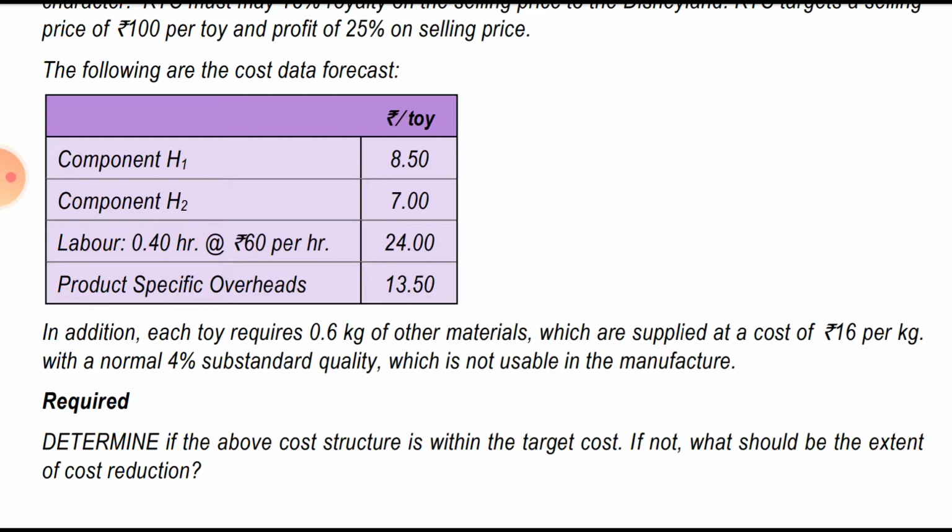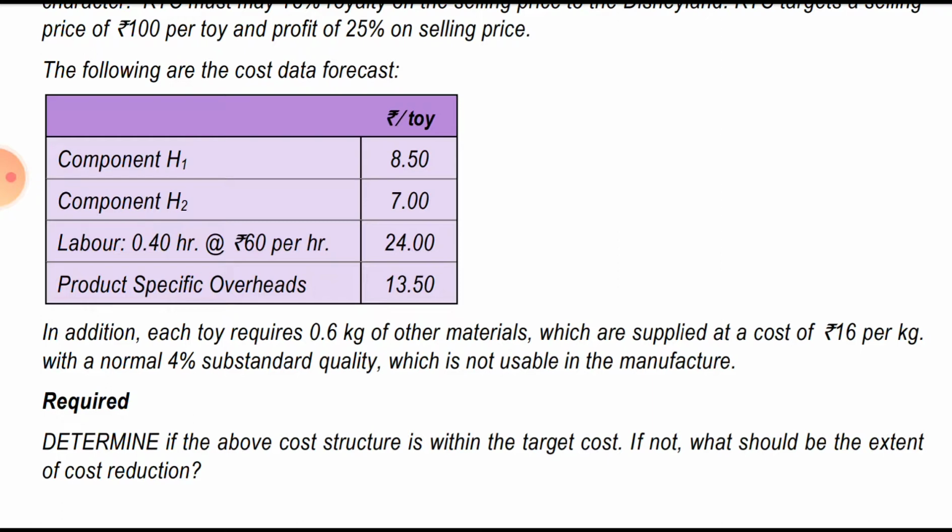So 0.6 divided by 0.96, it comes to 0.625 into 16 per kg. So we get 10 rupees in addition to the above cost. So what will be the total cost? 8.5 plus 7 plus 24 plus 13.5 plus 10, it amounts to 63 rupees.